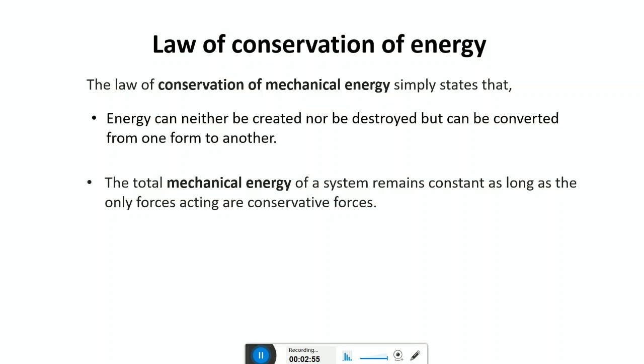Thus, the principle of conservation of energy may also be stated as: the total energy of a system remains constant as long as the only forces acting are conservative forces.